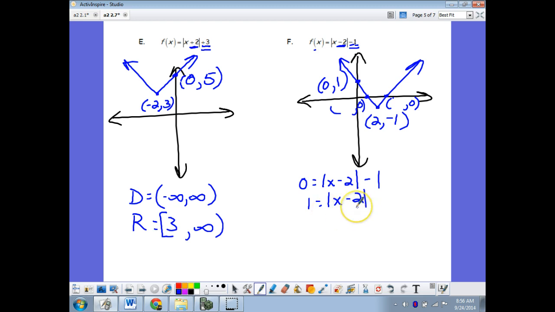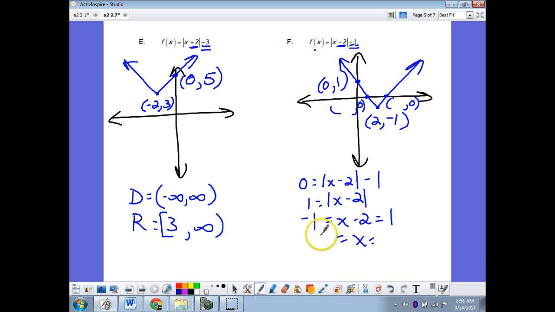Once we have the absolute value by itself, then we can think about what numbers are 1 unit from 0. Well, there are 2 of them. One that's 1 unit to the right, and one that's 1 unit to the left, -1 and 1. So then we're going to solve this equation, get the x by itself in the middle by adding 2 everywhere.